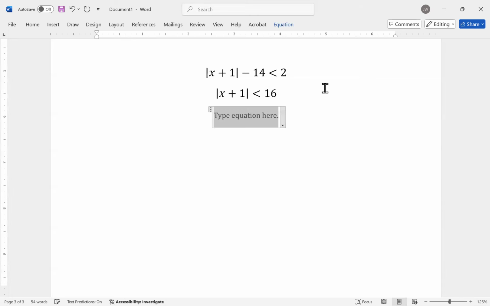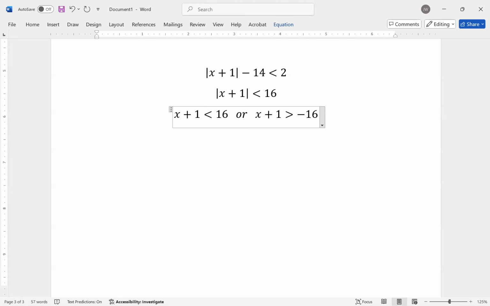Then I can separate into two different inequalities. The one where I use positive 16, I keep the sign facing the same direction. The one where I use negative 16, I have to flip the sign into the opposite direction.